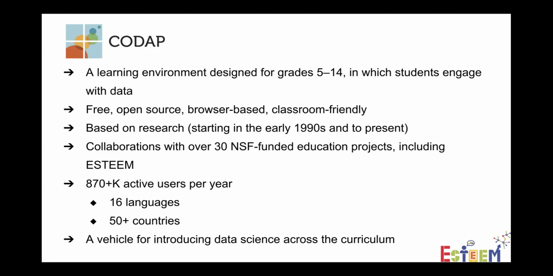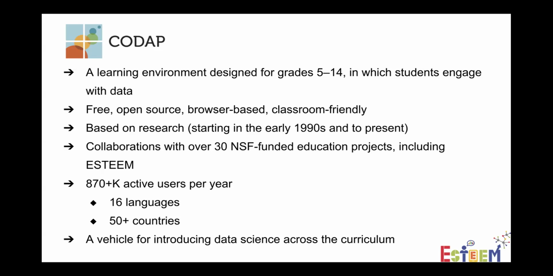Again, it's based on research that started in the 1990s and research that's continuing now. One of the ways CODAP has been built by Bill and those at Concord who work with him is that he partners with people to get external funding to build out the platform.